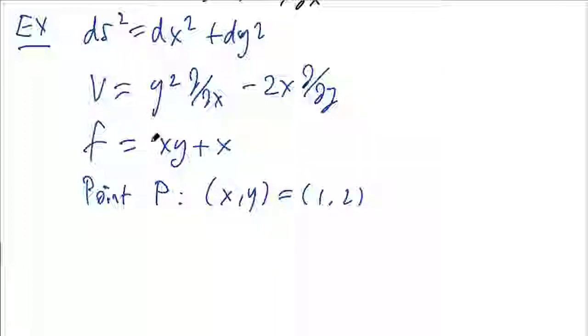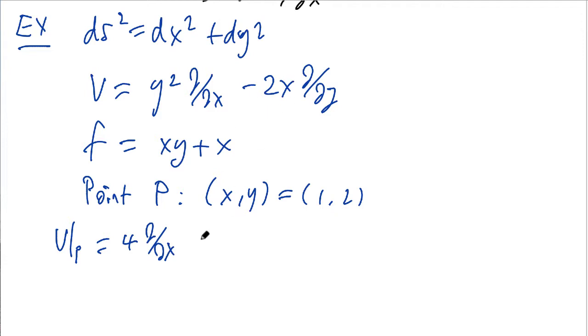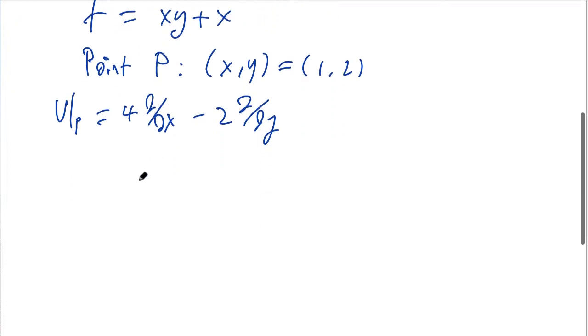All right, so the vector at the point P, setting y equal 2, we have 4 d/dx minus 2 times 1, that's 2 d/dy. So that's the vector that sits at this point, 1, 2. Now let this vector act on the function f.